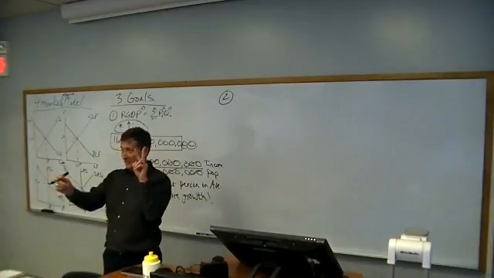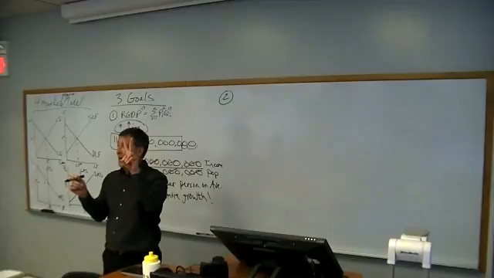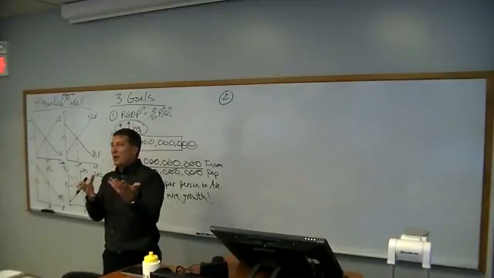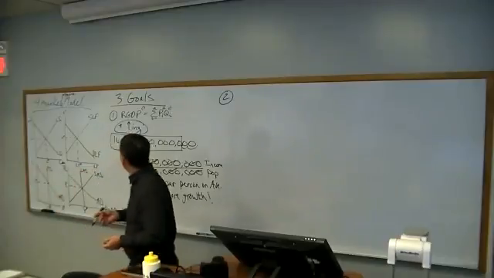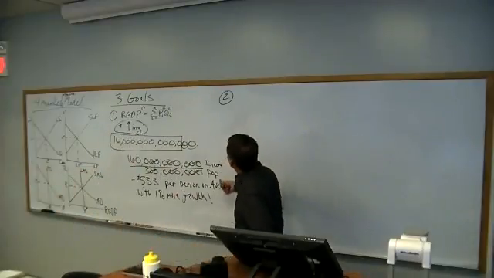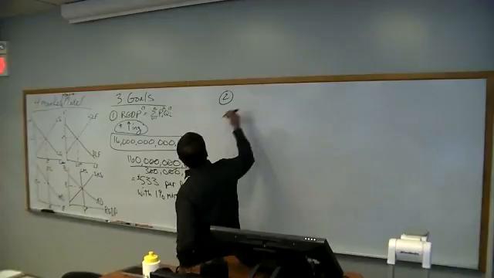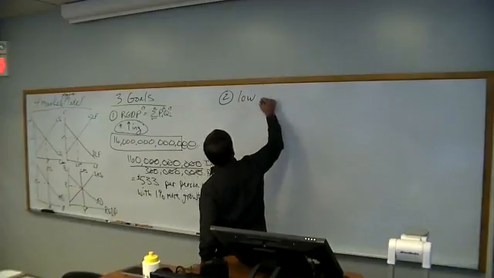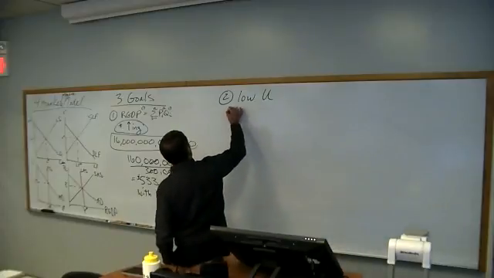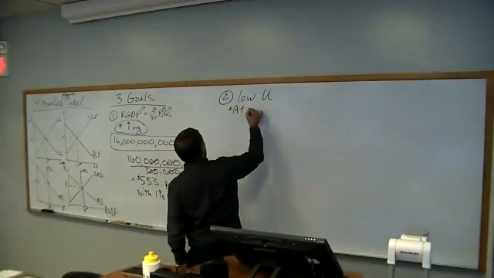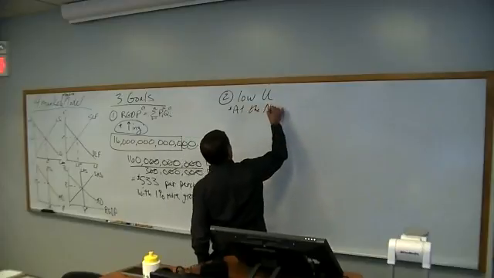Structural and frictional. So those 2 types made up what economists call the natural rate of unemployment. We'd expect a healthy economy to have a certain amount of unemployment. And so for this goal, I just want kind of low unemployment, at the natural rate.